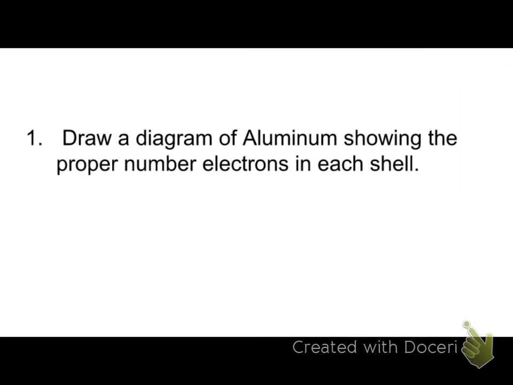First question. Draw a diagram of aluminum showing the proper number of electrons in each shell. So take aluminum, draw out a diagram of what an aluminum model would look like with the proper number of shells and the proper number of electrons in those shells.